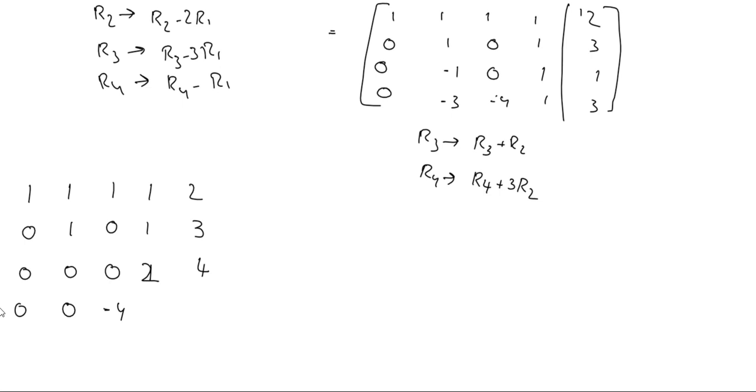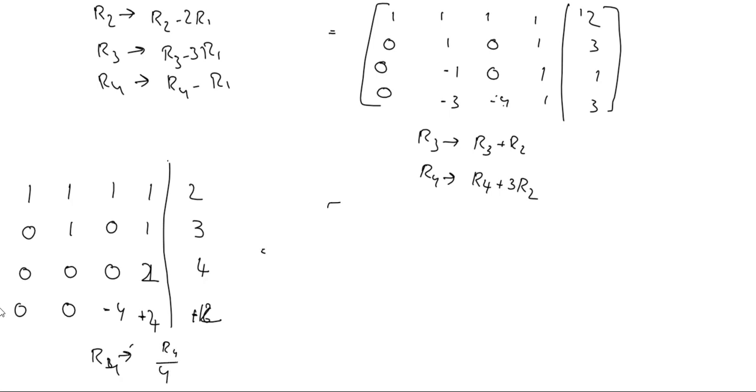Here 1 plus 3 is 4, and 3 plus 9 is 12. And then R4 divided by 4.